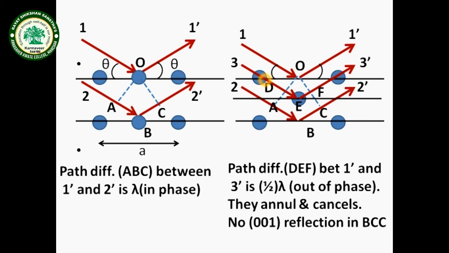Here, for this particular example of end-centered or base-centered orthorhombic type of cell, 1 prime and 2 prime are meeting in such a way that they are in phase, or the intensity will be maximum.